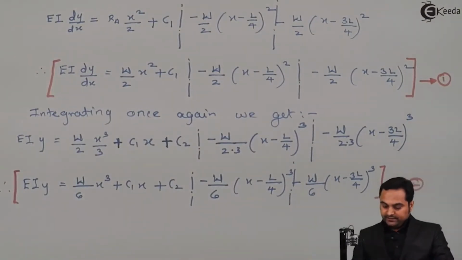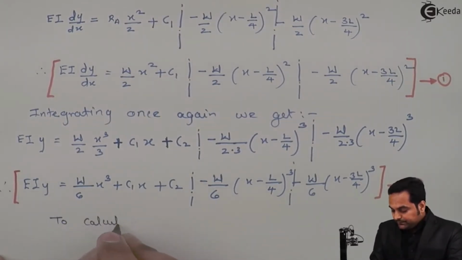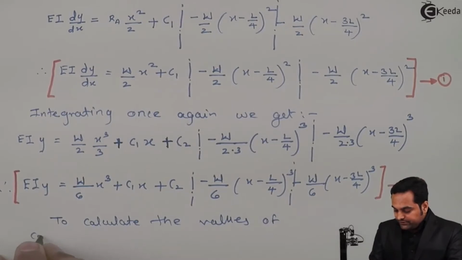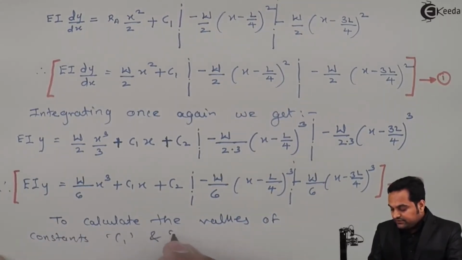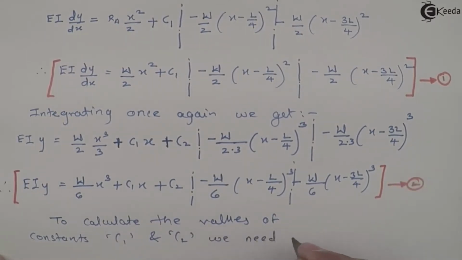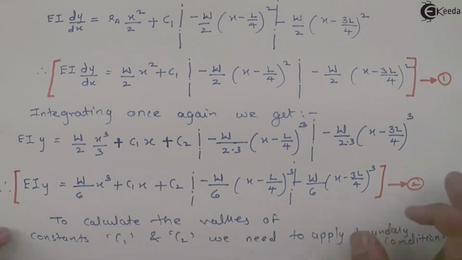So now I'll say that to calculate the values of constants C1 and C2, we need to apply boundary conditions.